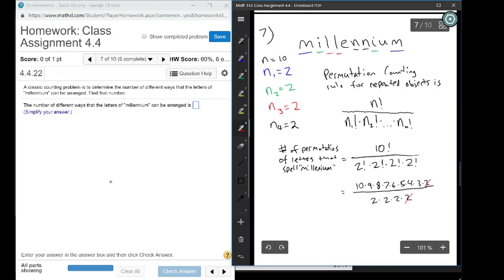So the 2's cancel, and 2 times 2 is 4, so that'll cancel with the 4. And this factor of 2 could cancel with the factor of 2 in 6 and leave a 3.